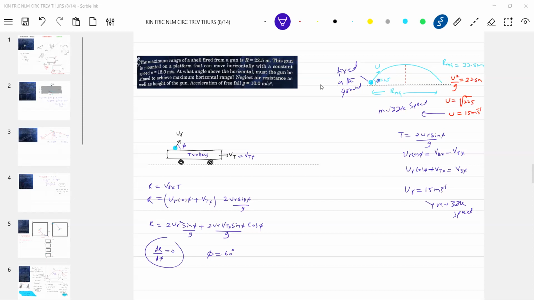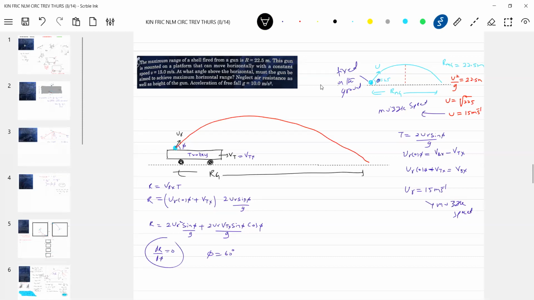What is actually here? It is going to strike on the ground. So what should be the trajectory? The trajectory should be with respect to the ground. It should be like this. This is the range.